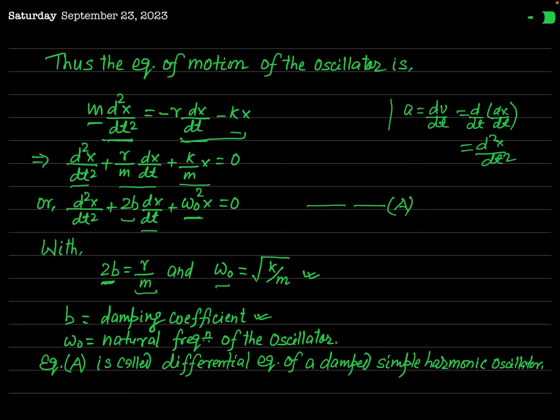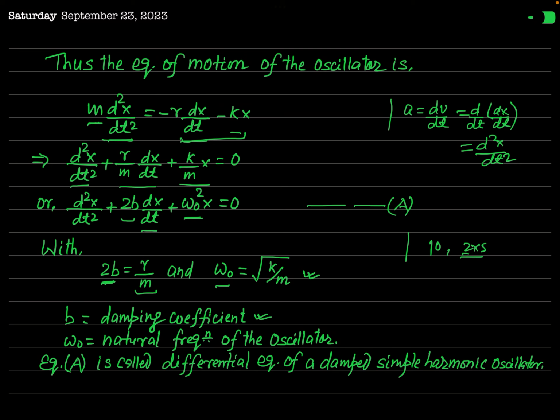So for simplicity, the constant has been expressed by multiplying by 2. It is not any new thing. If our constant is 10, I am not writing 10, but I am writing 2 into 5. The fact is the same, but this factor of 2 will play a very nice role in simplifying the equation.